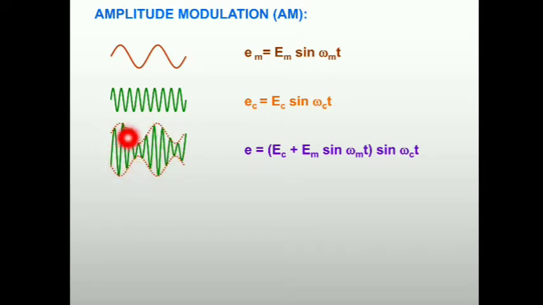In this amplitude modulation, the frequency and the phase remain constant, and only the amplitude changes. So the amplitude modulated signal is represented by the equation e equals (E_c plus E_m sin omega_m t) into sin omega_c t.